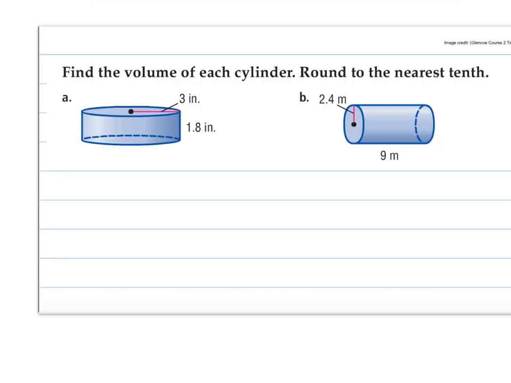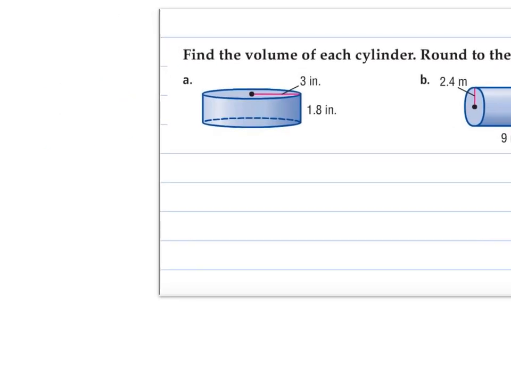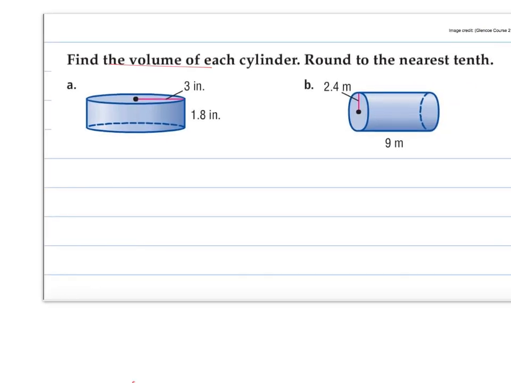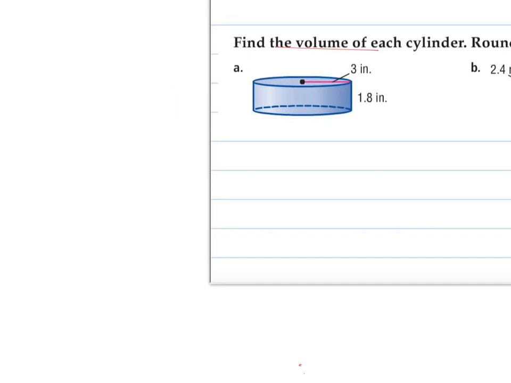Very last two. Yay! Try them out and make sure you have all this written down. My notebook is much more neat than this stylus is allowing, and I'll show you that if you'd like. So, looking for volume, and the directions say to round to the nearest tenth. So, my volume is base area times the height when the base is a circle. So, I'm using pi r squared times the height.